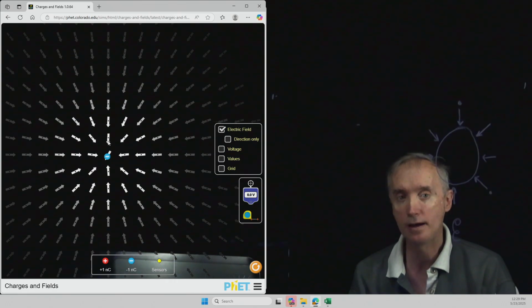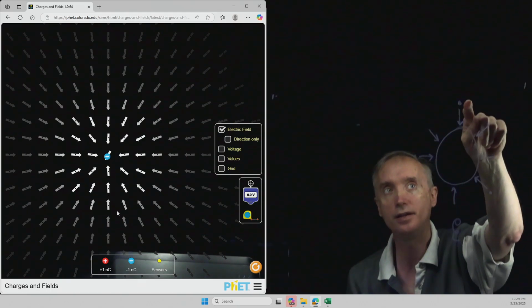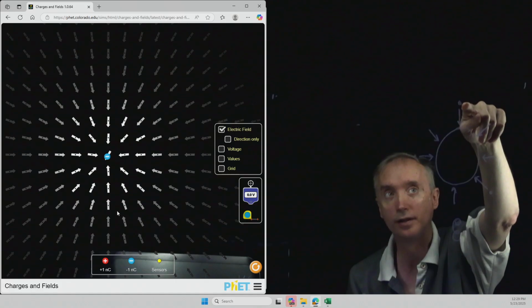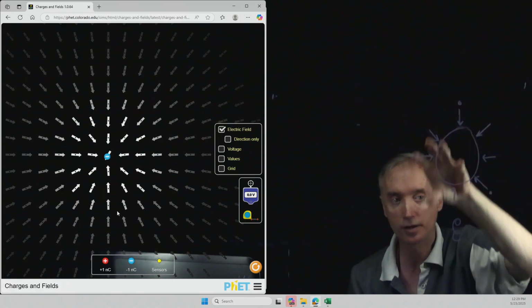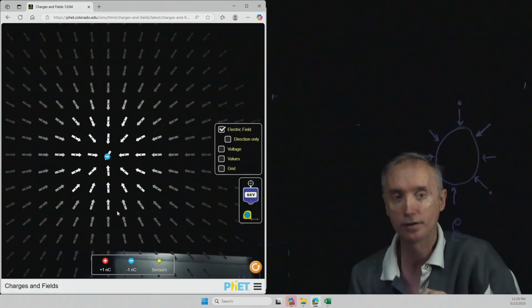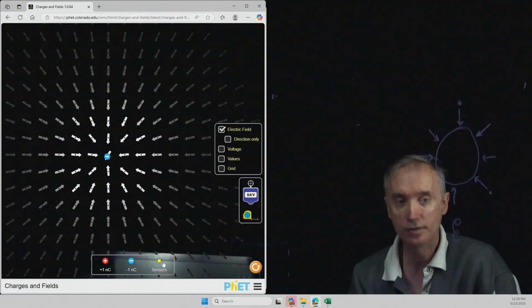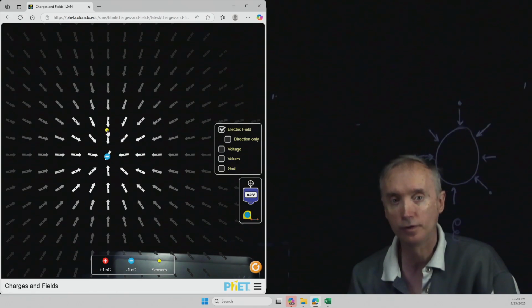How did we map those electric field lines? Well, we did it with a teeny tiny positive charge. So in the same way we take a teeny tiny mass and we let it go and we follow the direction it goes, and that's the electric field, then we can take this teeny tiny little charge, and if we put it over here, you see it's got this red arrow.